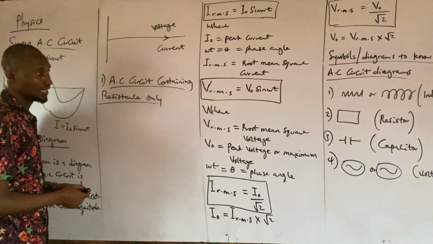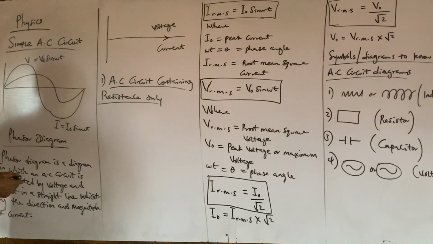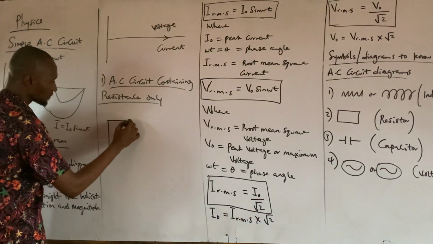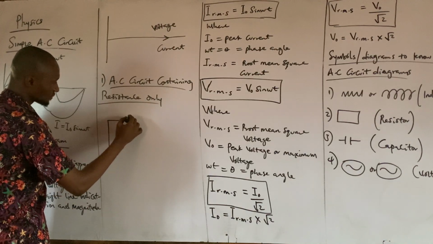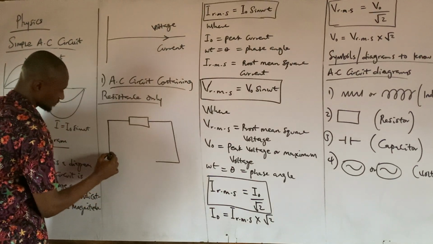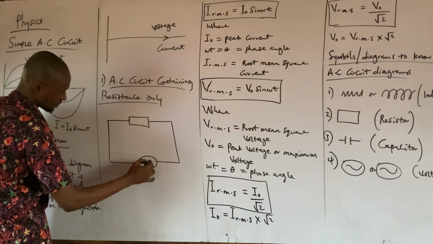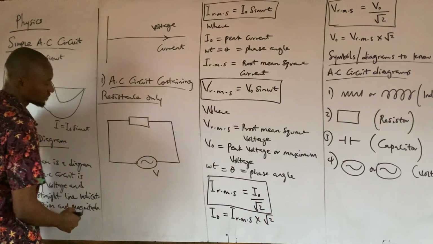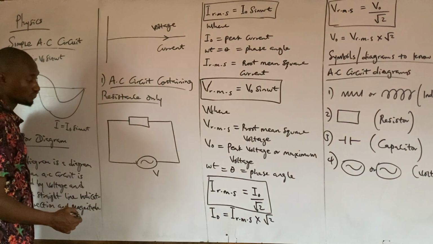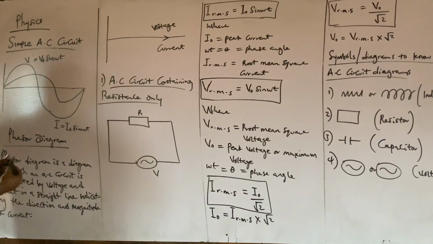Now, you draw the diagram like this. Here is voltage and here is resistance, the resistor.